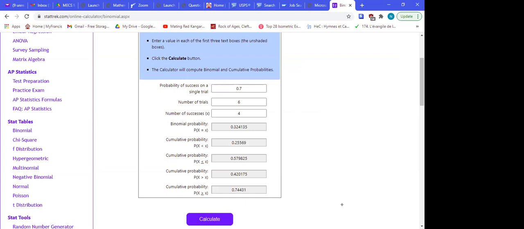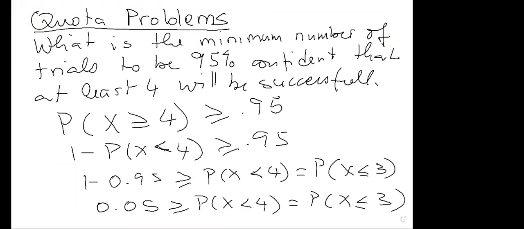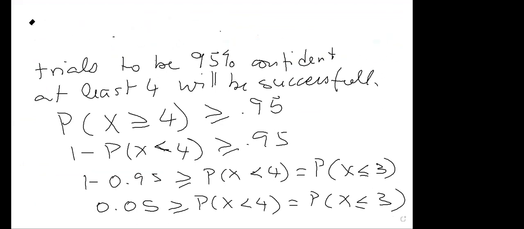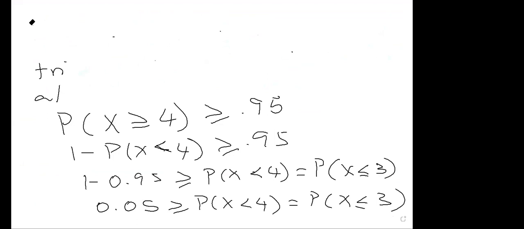Okay, now I want you to remember that what we are looking for is the value of n for which the probability that x is less than 4 is less than 0.05. That is our quota problem.